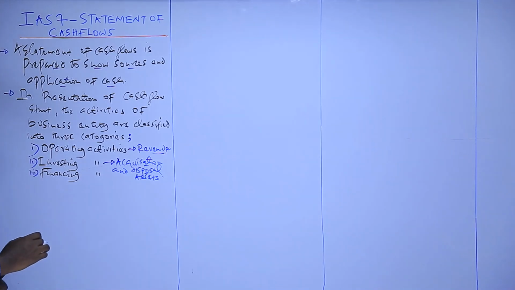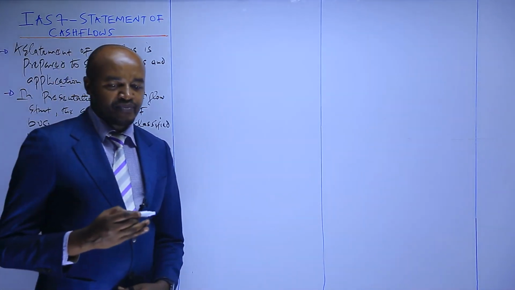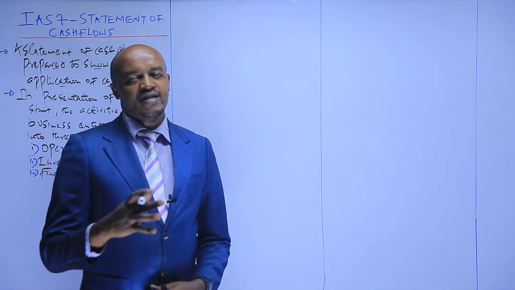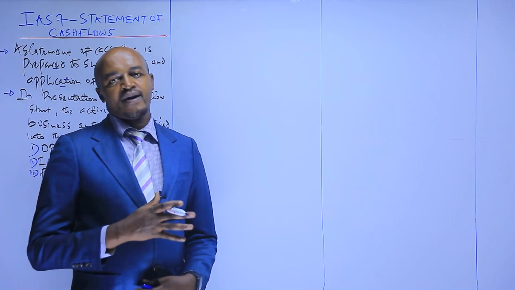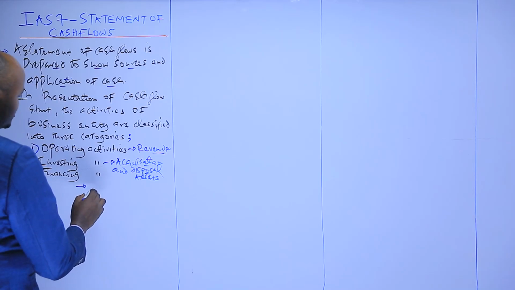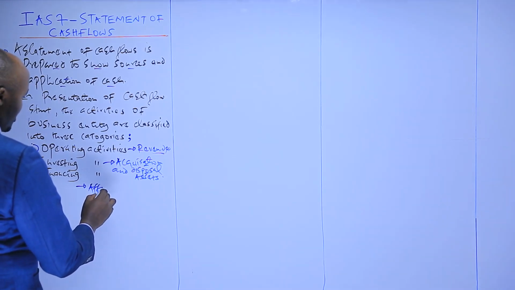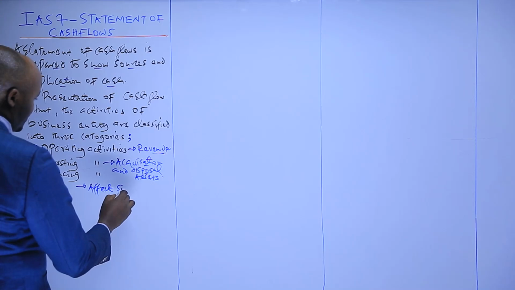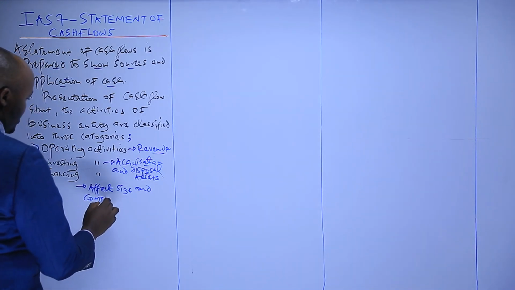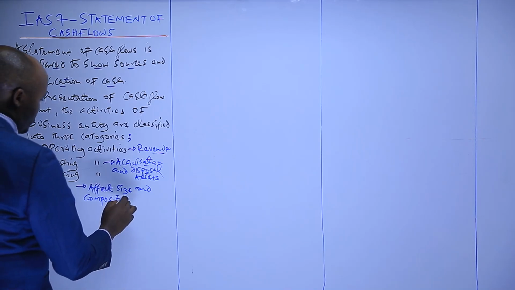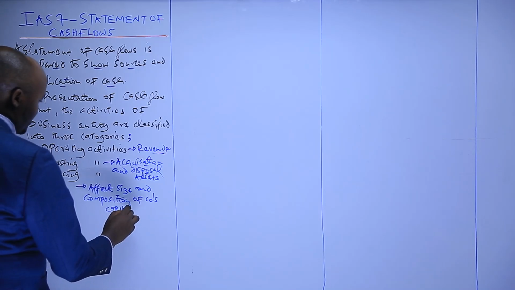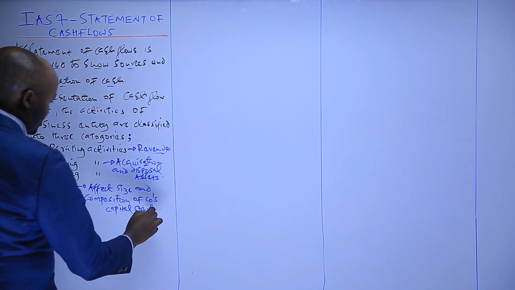Finally, financing activities are those activities which are undertaken by a business entity and which by the end of the day affect the size and composition of the company's capital structure.